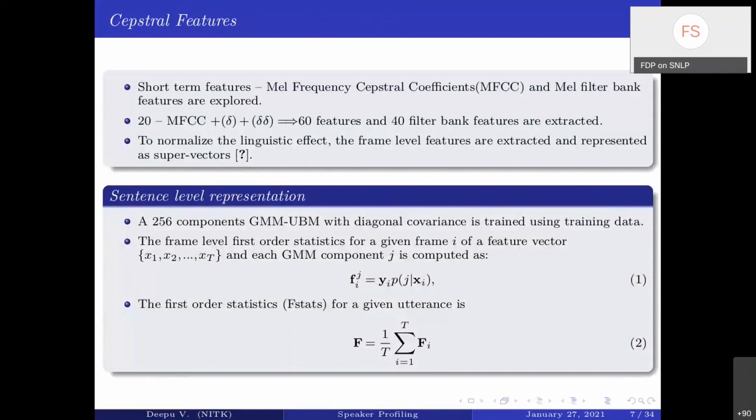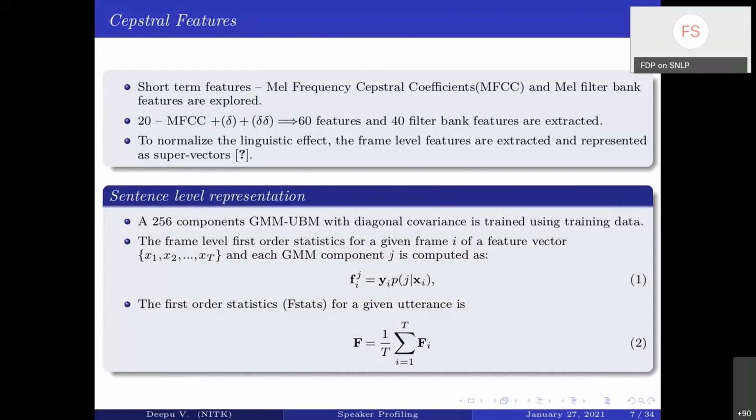So, again, for anybody who has worked on speech, they would have heard this term mel frequency cepstral coefficients. So we also started with that set of features to start our exploration. This is the MFCC. For those who don't know about mel frequency cepstral coefficients, it is those little segments of speech.